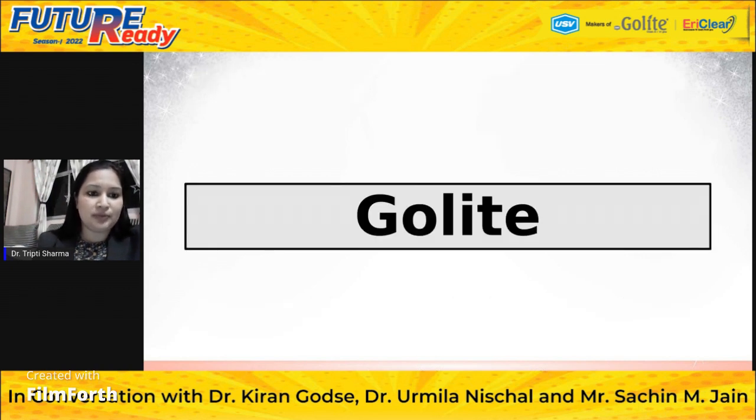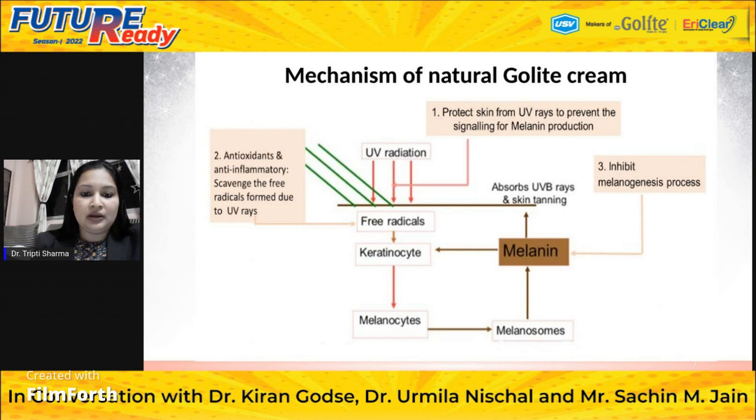Let's focus on our product, which is commonly prescribed under the indication as a maintenance therapy for hyperpigmentation and melasma. Coming to its mechanism, it acts basically in three main steps. It protects the skin from UV rays to prevent the signaling for melanin production.